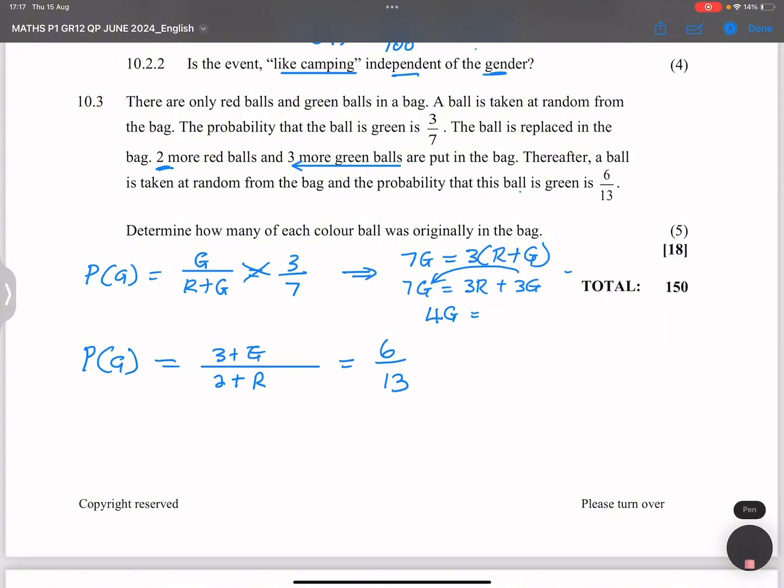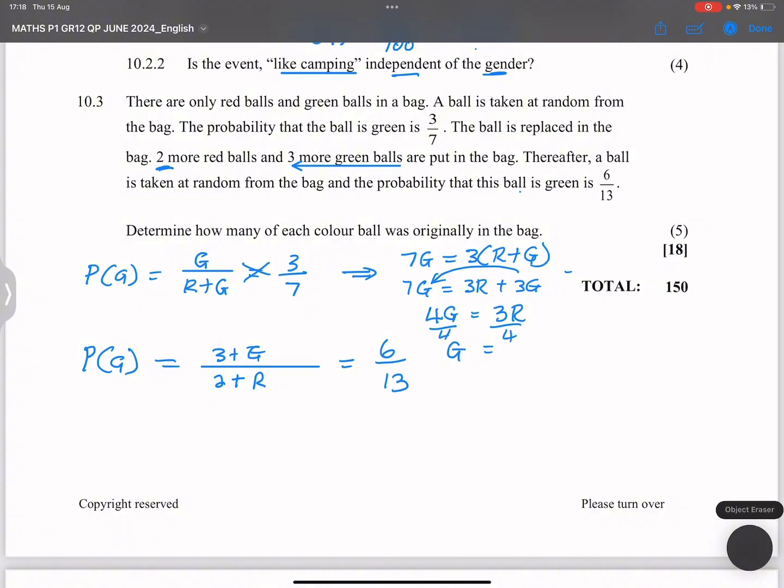Let's write it properly, 3r. And so we can express the green ball ratio as well. Actually, green we divide by 4.